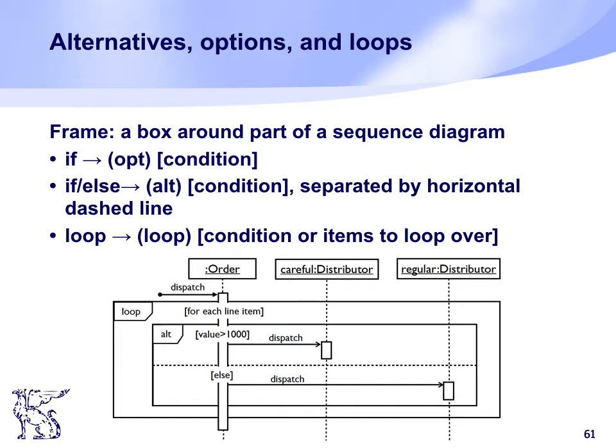So let's talk about the first one. The first one is option. It's actually the if condition. The option combination fragment is used to indicate a sequence that will only occur under a certain condition. Otherwise, the sequence won't occur. That means it models only the if statement. If there is some sort of condition, then this block will occur. But there is no else condition, just the if condition.